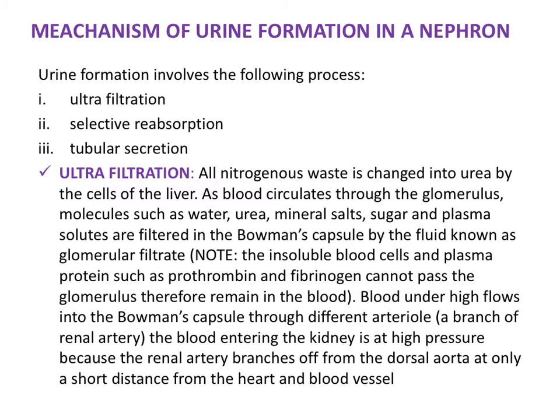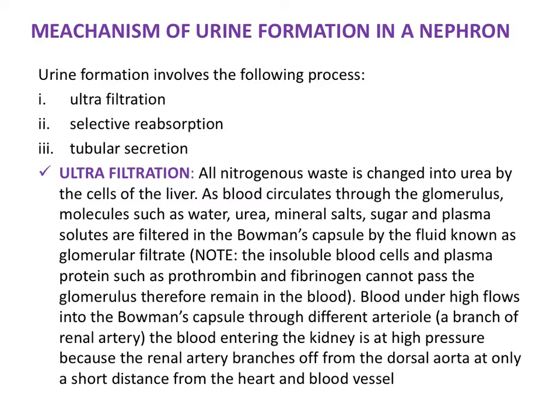Note: the insoluble blood cells and plasma proteins such as prothrombin and fibrinogen cannot pass through the glomerulus, therefore they remain in the blood. So that is why you don't find these cells in the glomerular filtrate unless there is something wrong with the glomerulus.